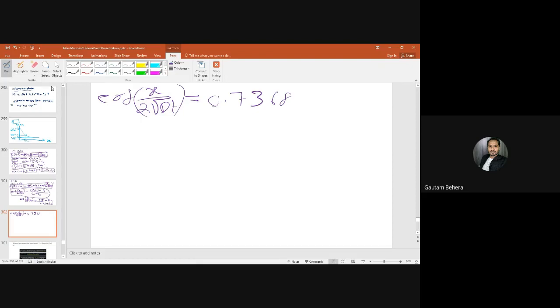Okay, this one. So done. I have shared the error function table. You can have a look at that in your WhatsApp.